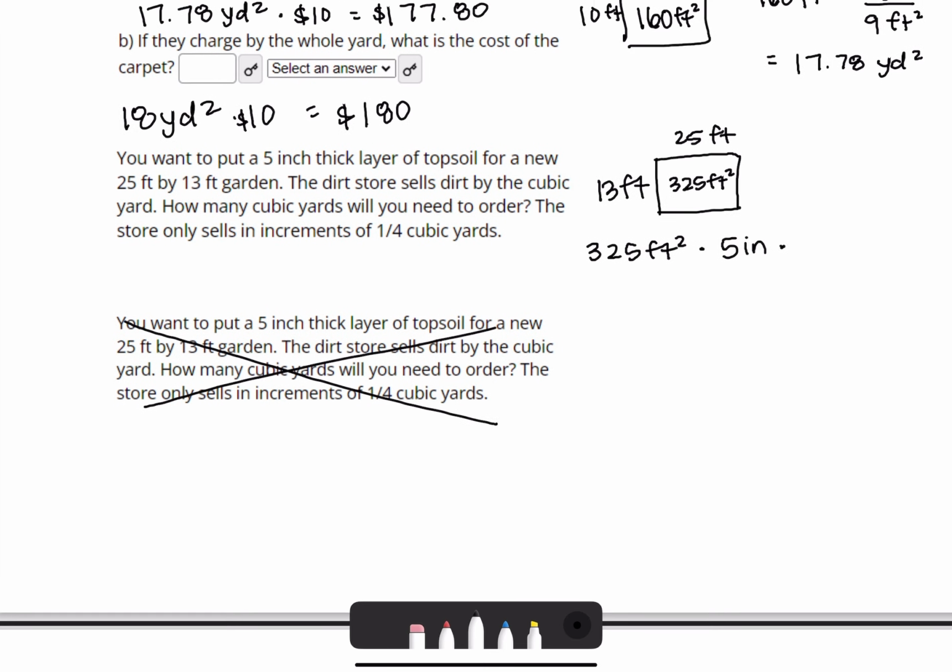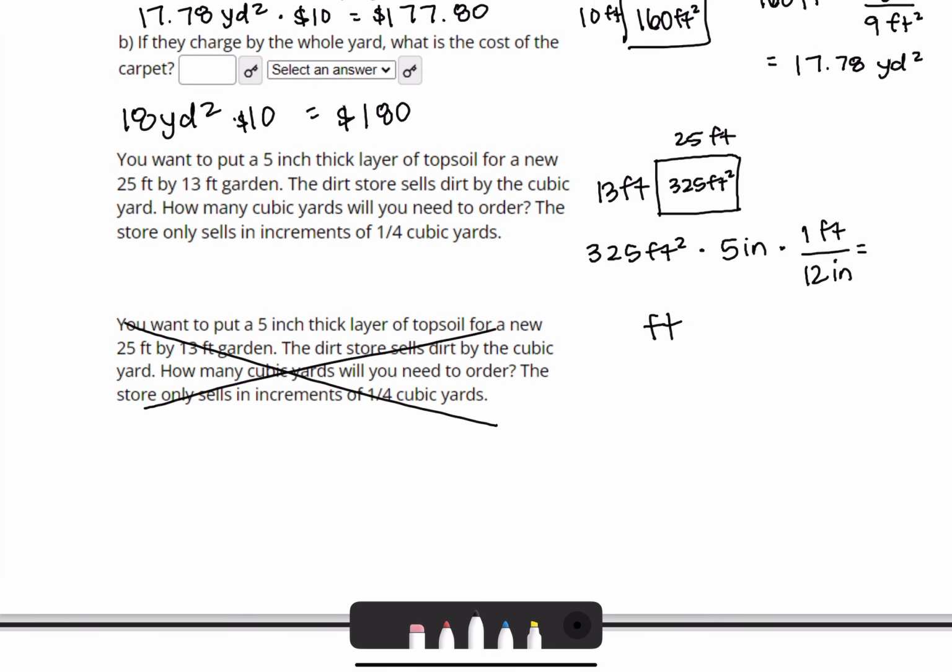And then we'll get this as cubic feet because the inches cancel and you have feet squared times feet, which gives you feet cubed. So I'm going to multiply all of those together.